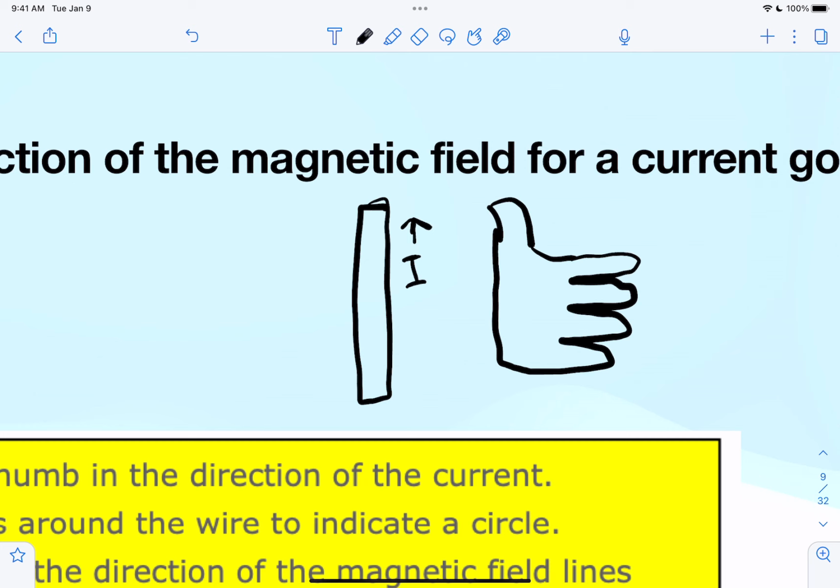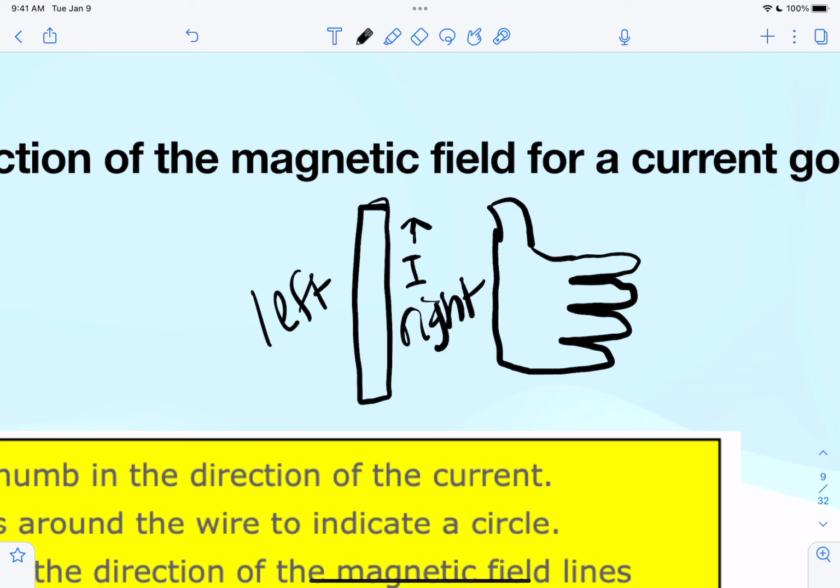If I look to the left, because this is just me looking at the right of the wire. So here's the right part of the wire, here's the left. If I have my thumb up and I'm wrapping my fingers around the right part of the wire, then I see that it's going into the page at this point.